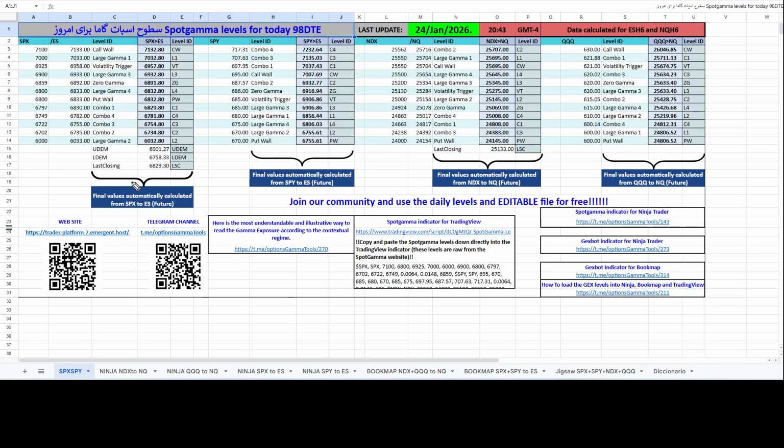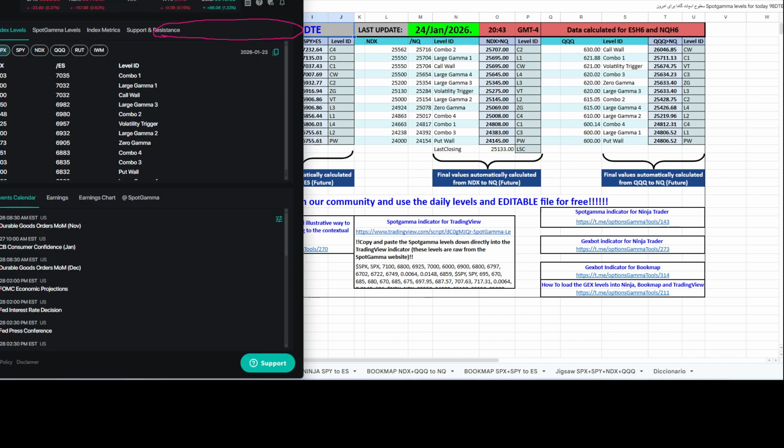All the information in this spreadsheet is about the spot gamma levels. All this information is extracted from the spot gamma software every morning.